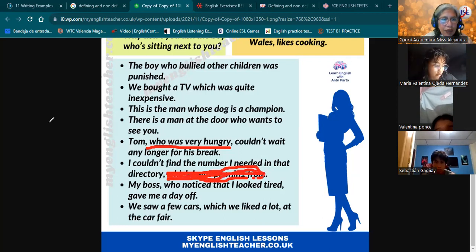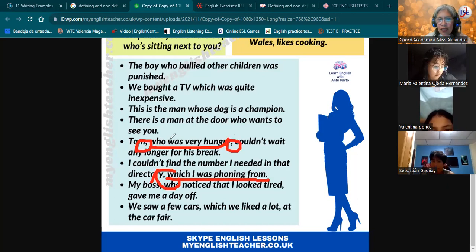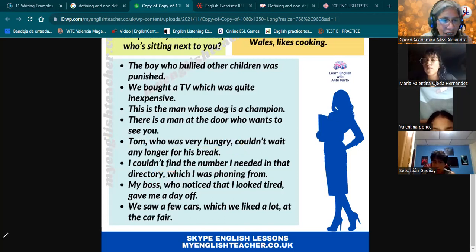So no matter if it is in the middle or at the end. If they are at the end, they have a comma here. And if they are in the middle, one comma, two commas. Okay? Is that okay, Maria Valentina? You got it? Yes, teacher, thank you.